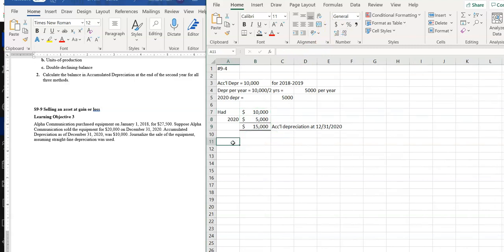Okay, we're not doing the book value. We're not doing the journal entries. I just want to know the gain or loss. Gain or loss on sale would be how much? Okay, so remember it's the sale price, which is 20,000 less book value.